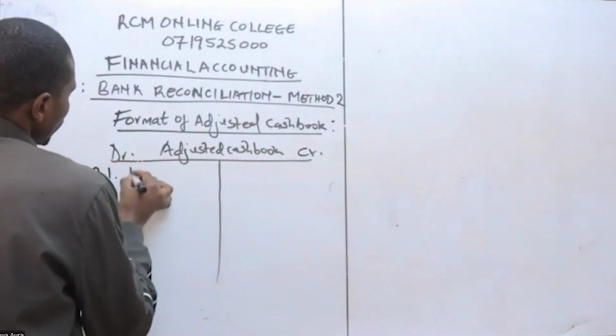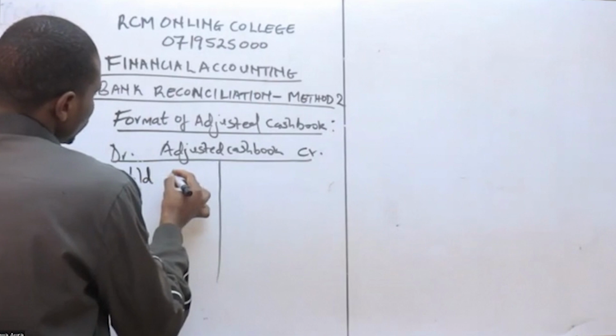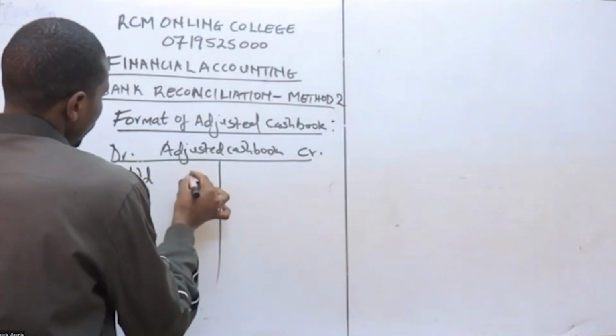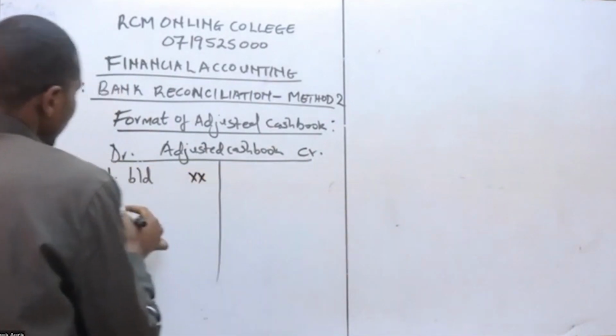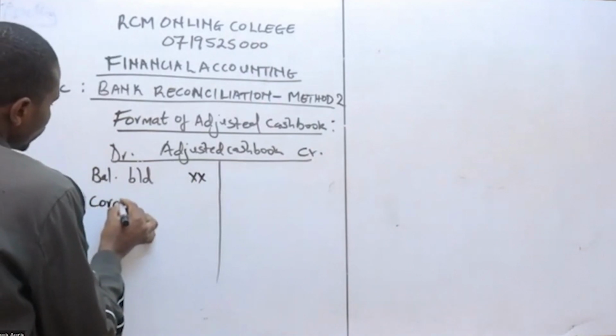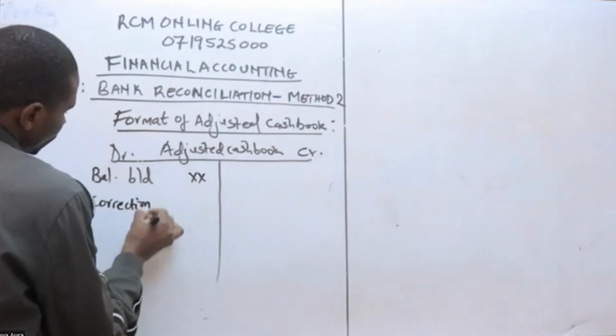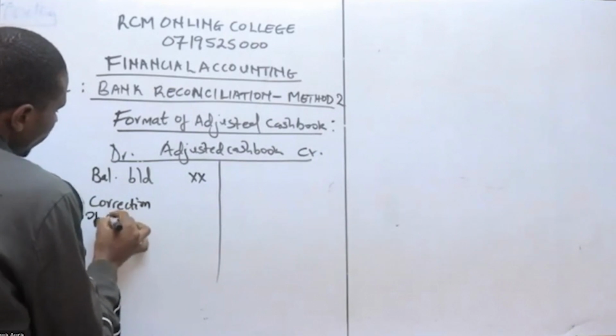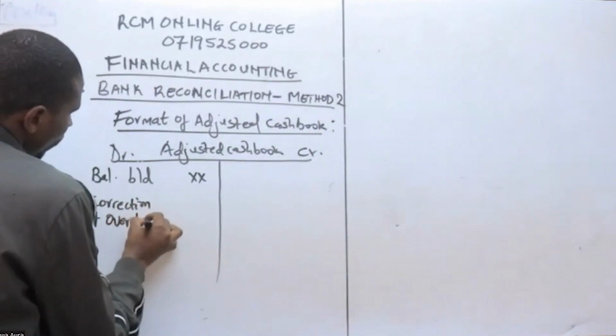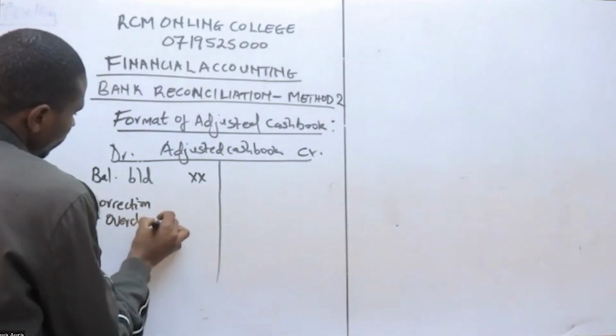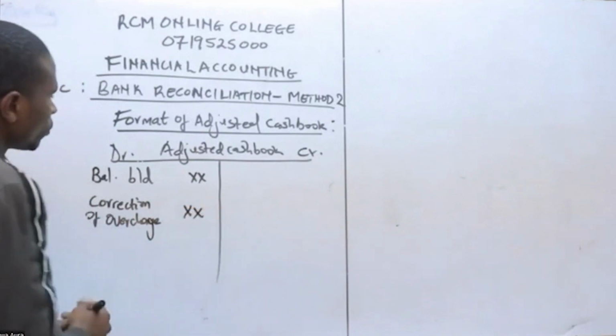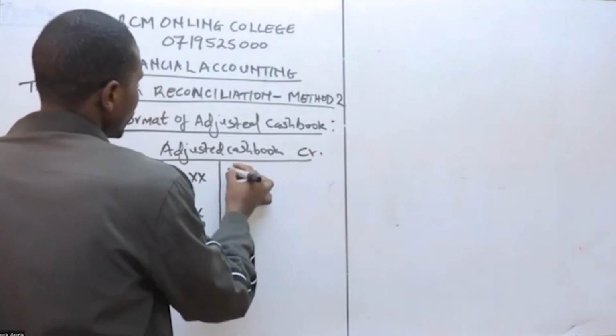So the balance that was brought down from the previous period, we just debit. Then we put the correction of overcharge. If there was an overcharge, that one you debit.